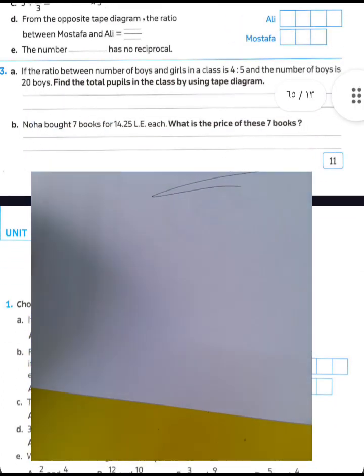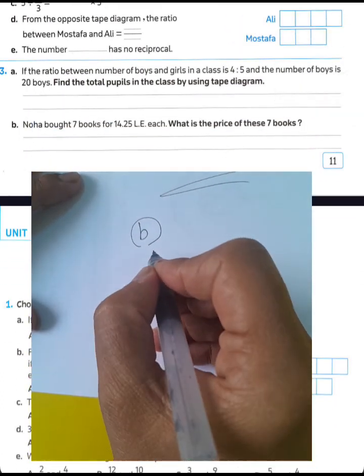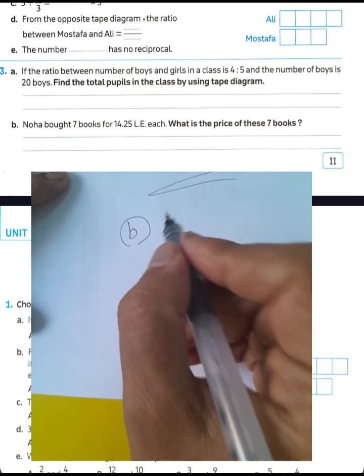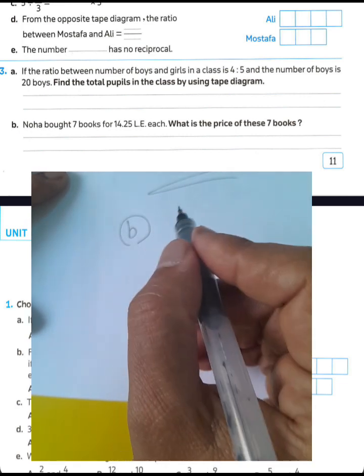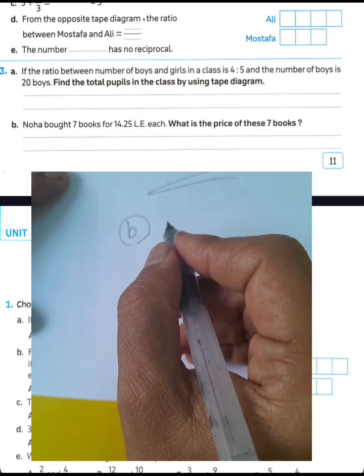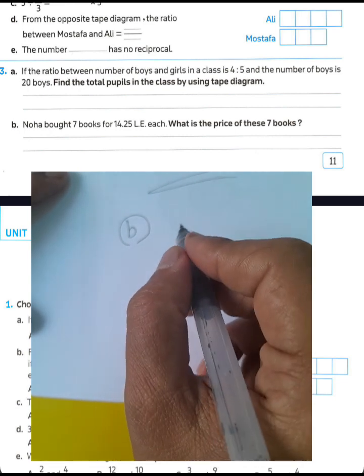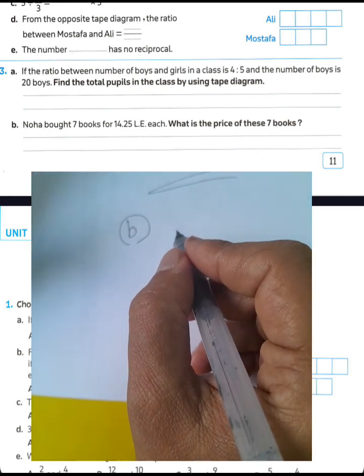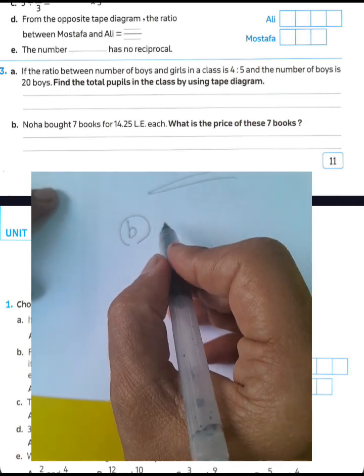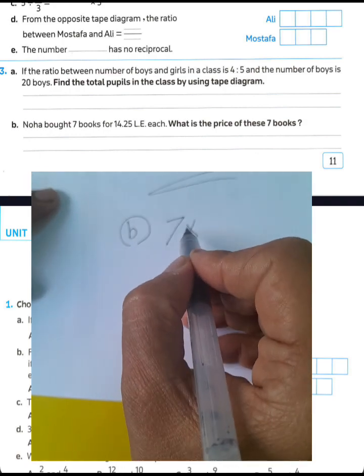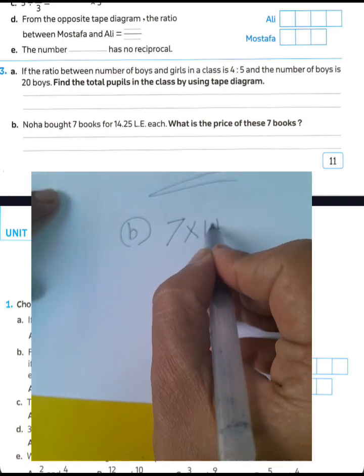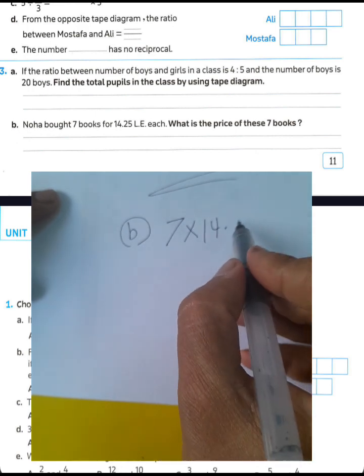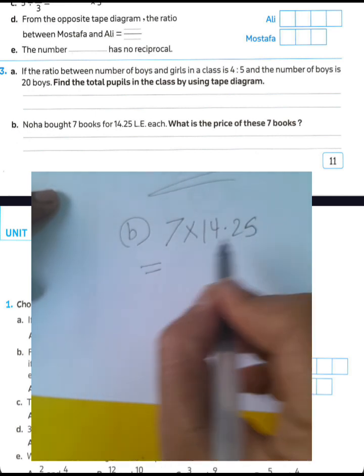Question letter P. Noha bought 7 boxes for 14 and 25 Egyptian pounds. What is the price of the 7 boxes? We can find the product between them. Write the number of boxes multiplied by the price of each box, 14.25. 5 times 7 equals 35.